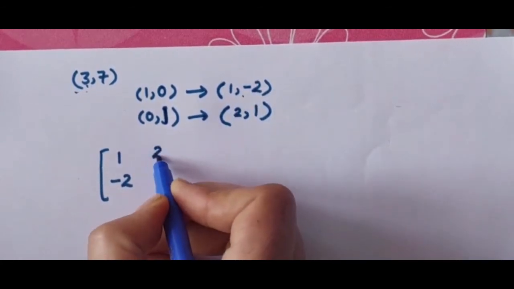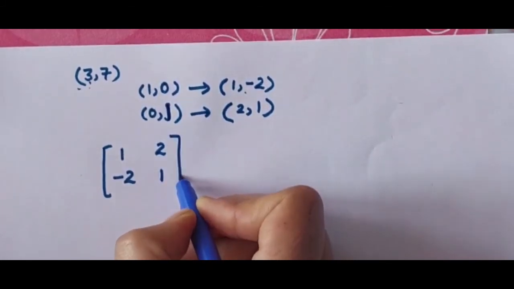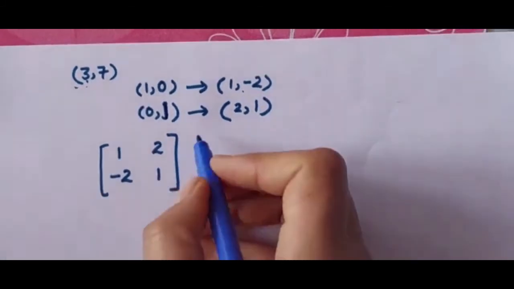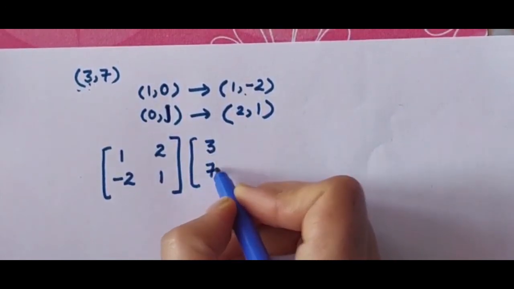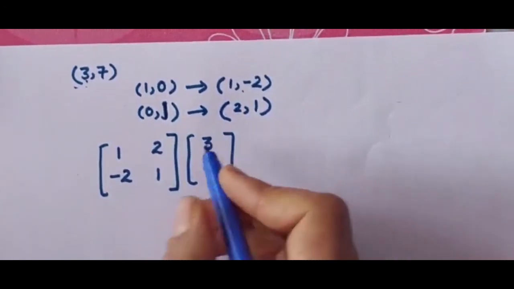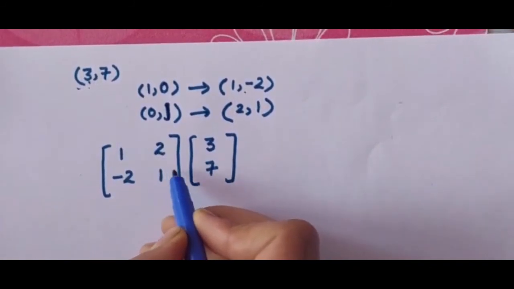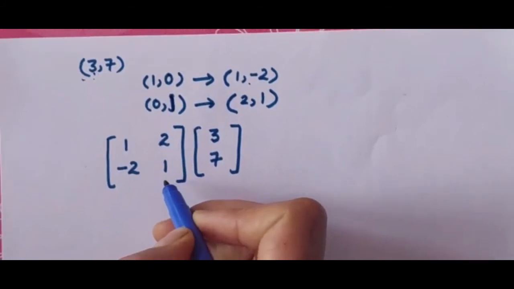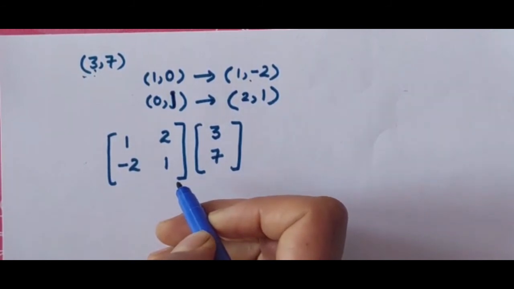Okay, and similarly these are the x and y coordinates of new j hat. Now the point 3 comma 7 will be affected by this transition. 3 will be affected by the x coordinates of both, and 7 will be affected by the y coordinates of both. This is a known example for this tricky matrix multiplication.